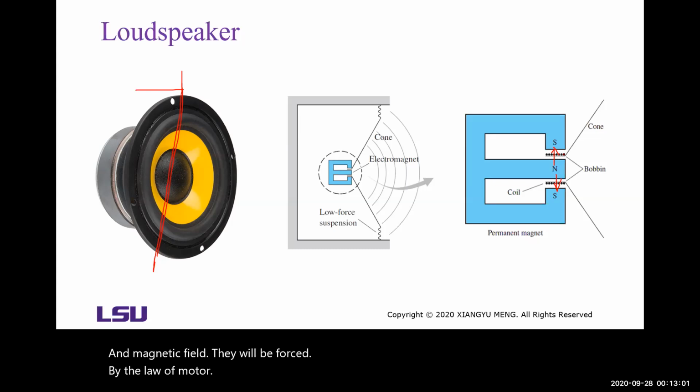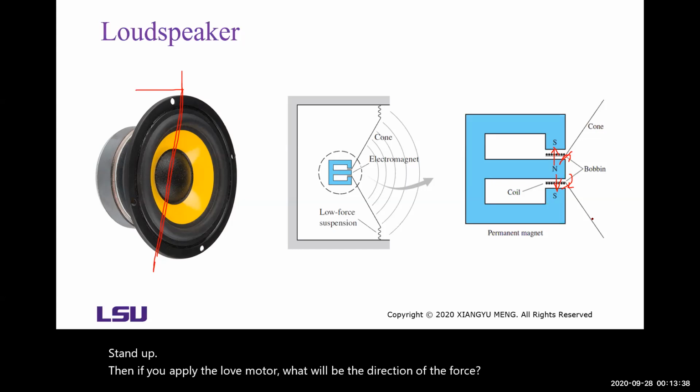So let's assume the current is into the paper on the top, and out of the paper on the bottom. Then if you apply the law of motor, what will be the direction of the force? I will give you 1 minute to think about it.